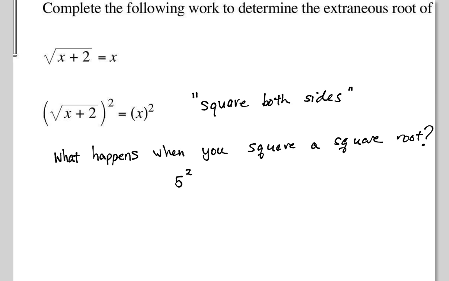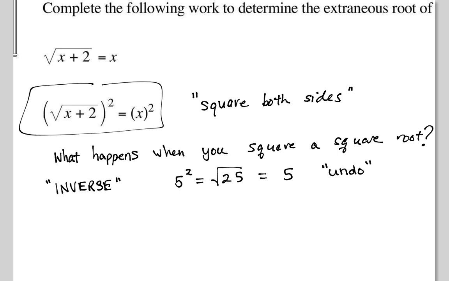For example, what's 5 squared? 25. And then what happens when you square root 25? You get 5. They undo each other, right? They call that inverse operation. What's the inverse of plussing? Good. What's the inverse of timesing? What's the inverse of squaring? Square rooting. So what happens to this equation is the square and the square root cancel, and you're just left with x plus 2.